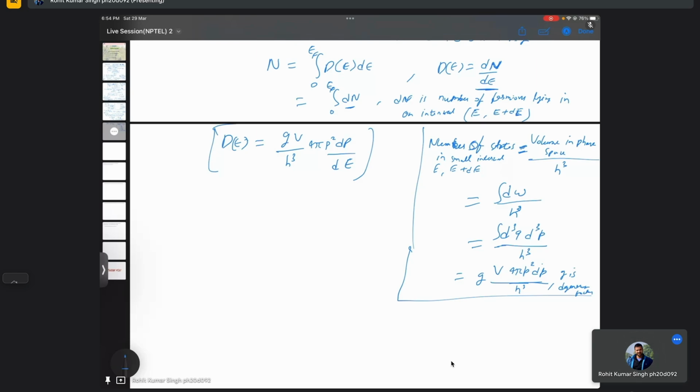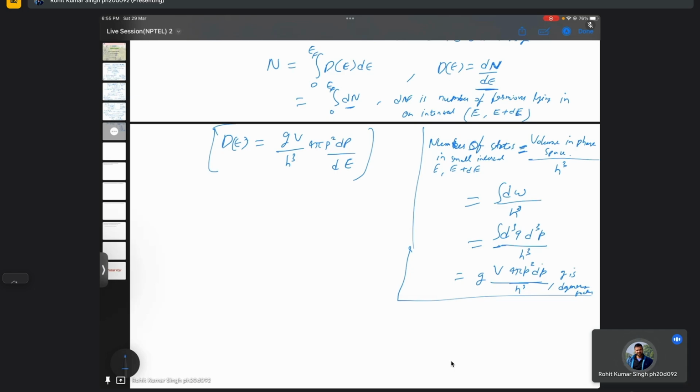And since we are taking the interval over energy, the volume in phase space will also be calculated in a small interval of momentum space, because energy is related to momentum. So that's why we only integrated over the position coordinates, okay? And the momentum space we did not integrate because we need the small interval in momentum, basically, okay?